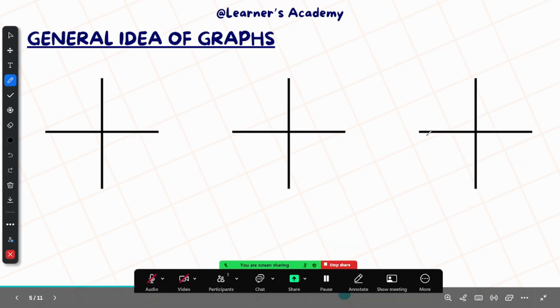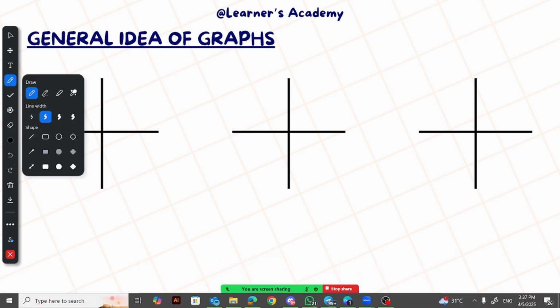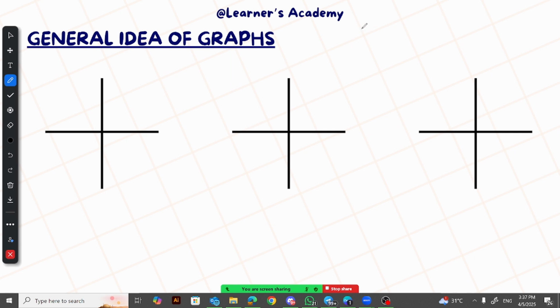Okay, so secondly, we will be exploring how graphs should look in general based on the degree or power that they have. Before anything, I would like to review the term degree. We write degree in mathematical terms as n.